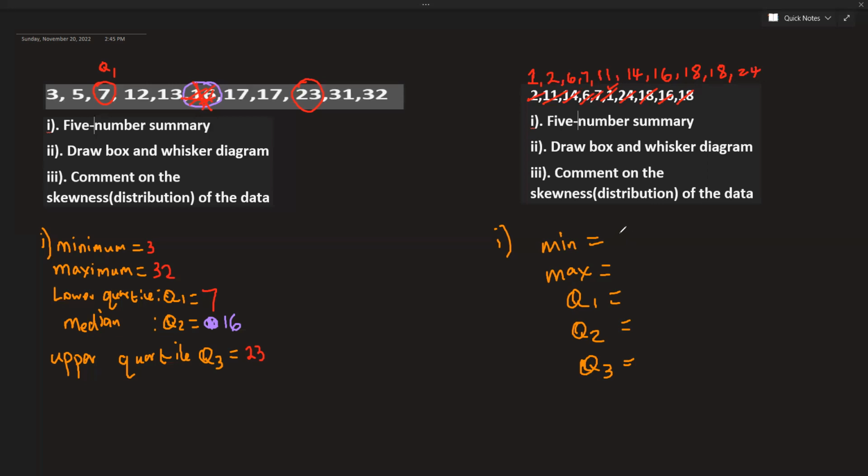I can easily see that my minimum is 1 and my max is 24.